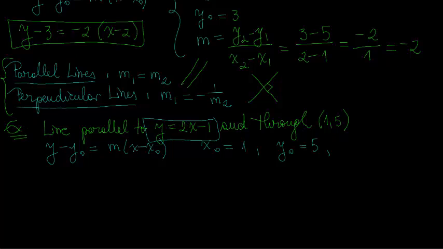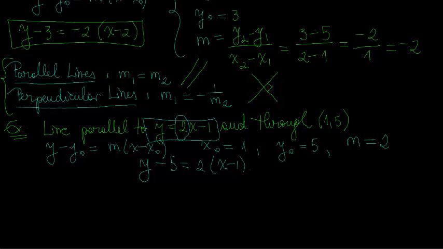Since parallel lines share the same slope and the slope of this line is 2, we have that m is 2 in this case, and we obtain the equation y minus 5 is 2 times x minus 1.